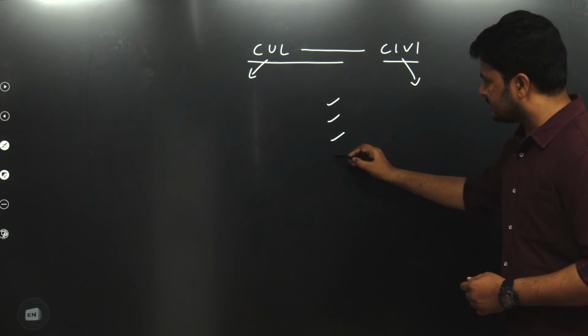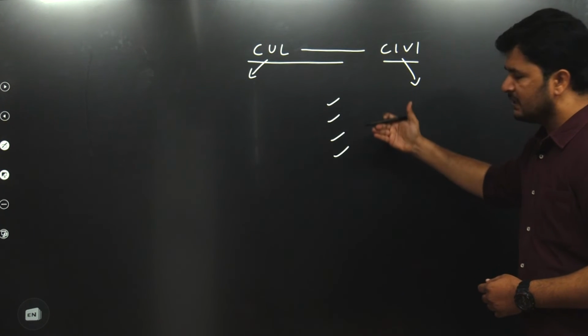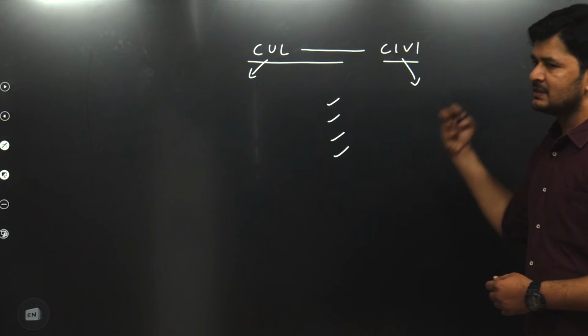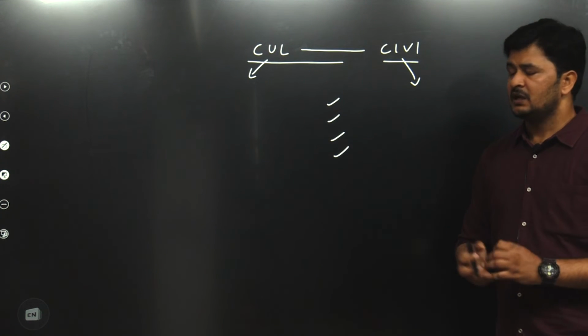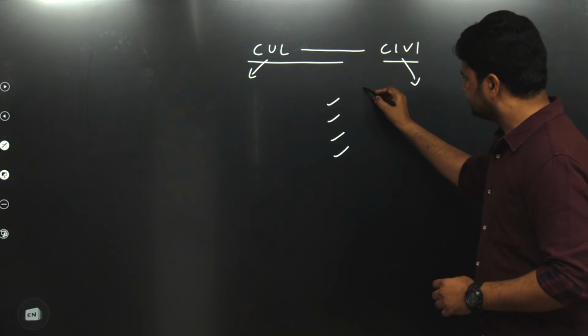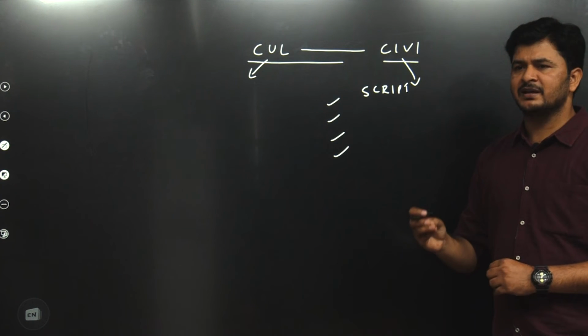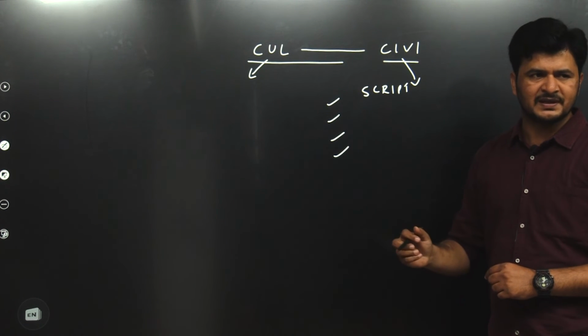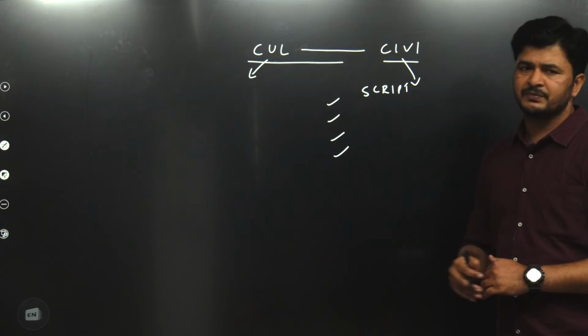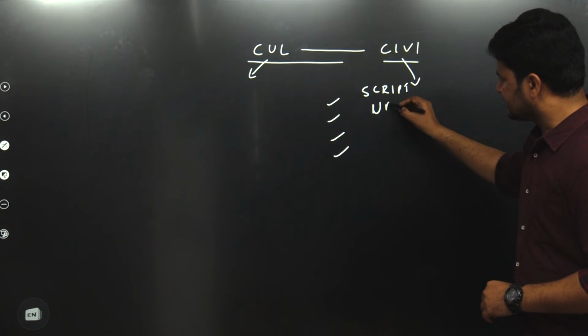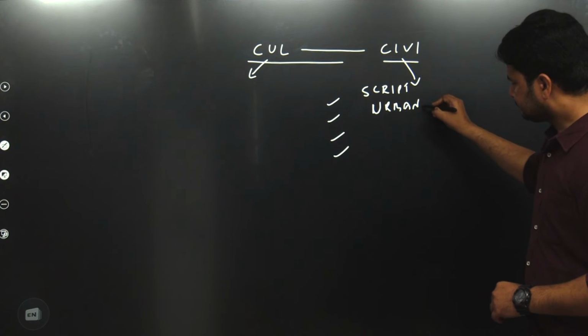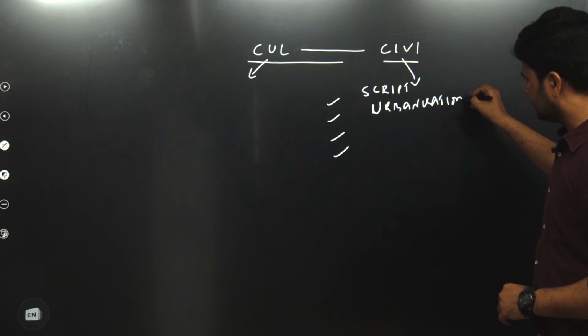If you find these prerequisites in any culture, that culture can also be called a civilization. In the first instance, the main criteria is that the culture must have script, followed by urban centers or urbanization, you call them.